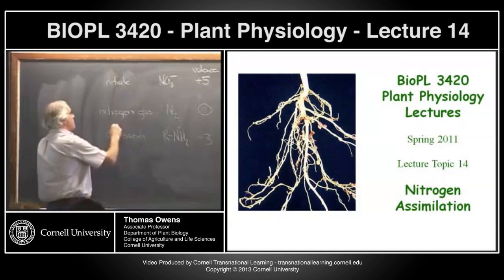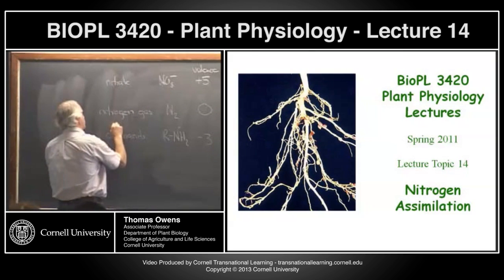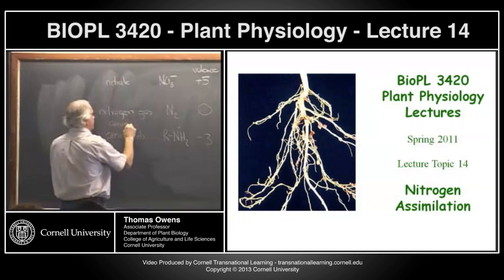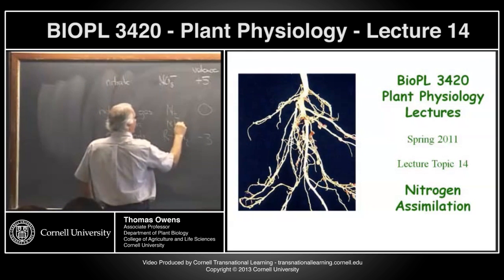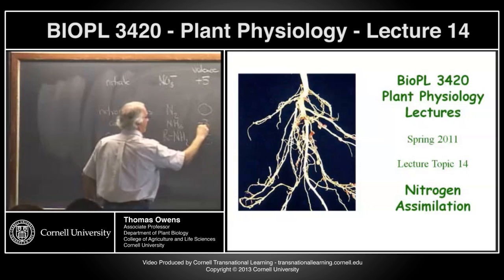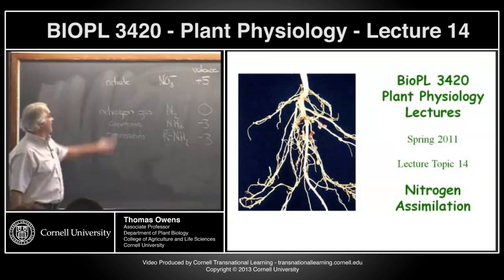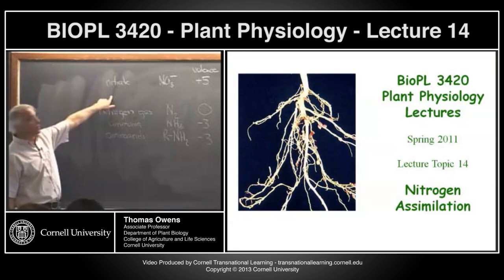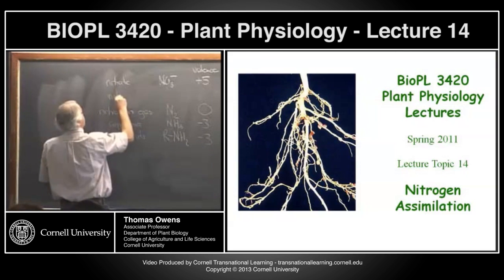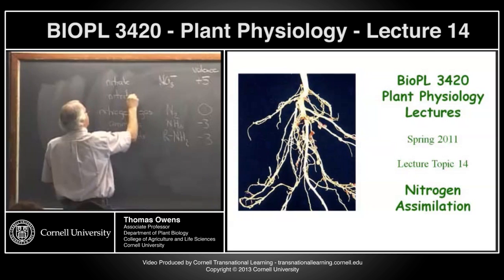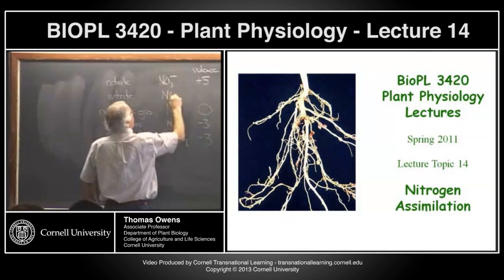There's another -3 valence that we're familiar with, ammonia. And there's one more positive valence form of nitrogen, nitrite ion.